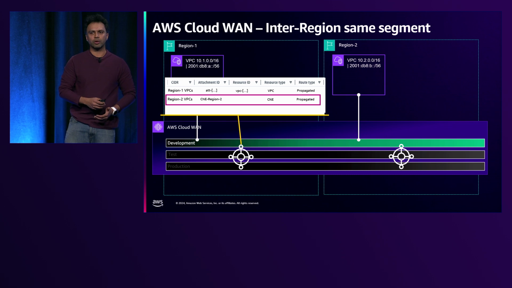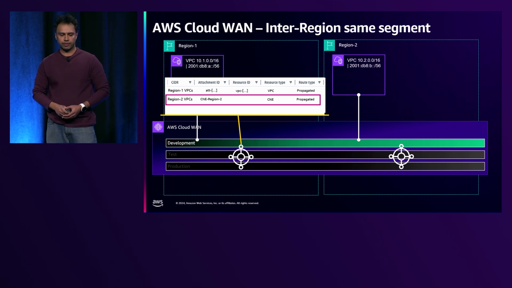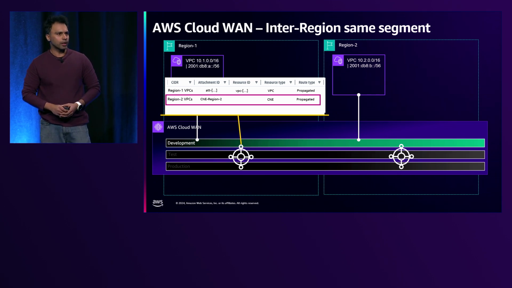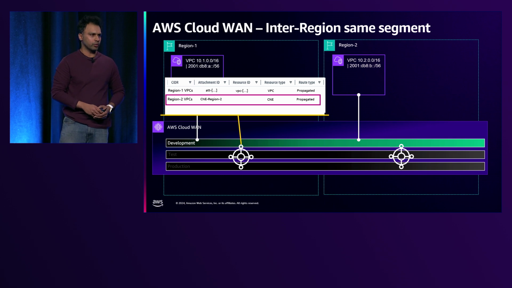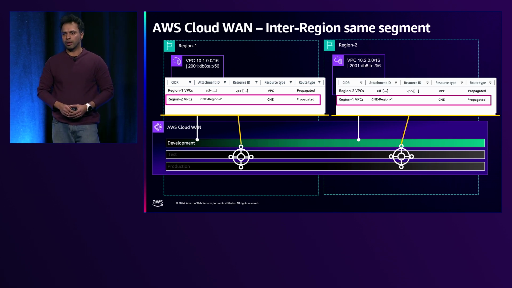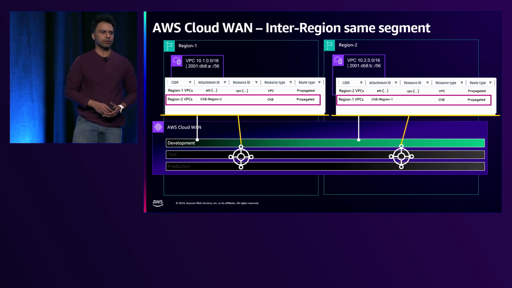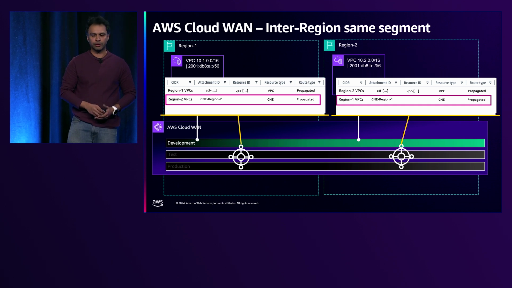But additionally, you will also see region 2's VPC CIDRs. And this is the propagated route that allows you to send traffic from region 1 to region 2. Similarly, you will have a corresponding route in dev segment's routing table in region 2 as well. And these 2 highlighted routes will ensure that you have bidirectional communication without configuring any static routes.